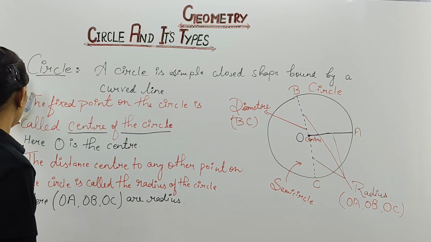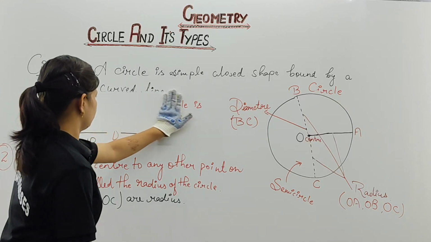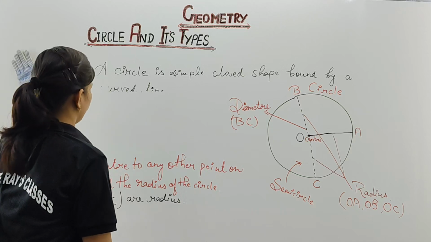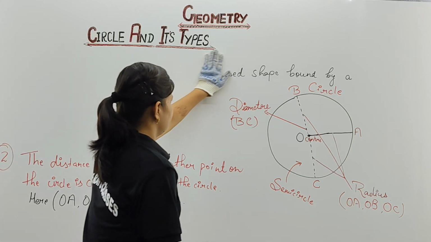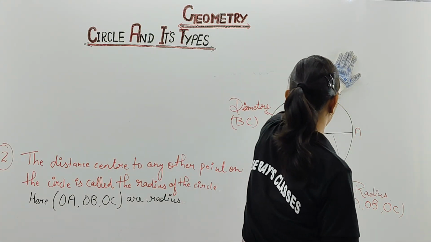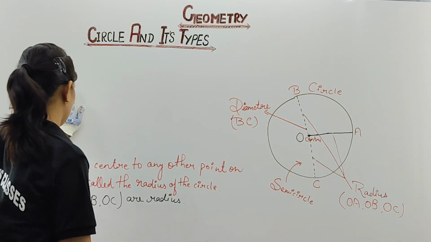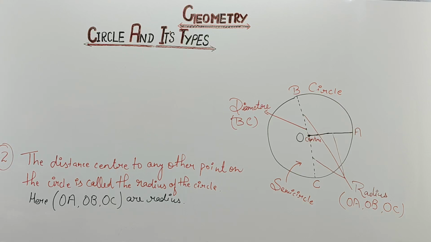Now please write the another one. Third point, diameter. I am not going to erase this figure, because with this figure only we are going to explain all the terms. I hope this is visible to you.